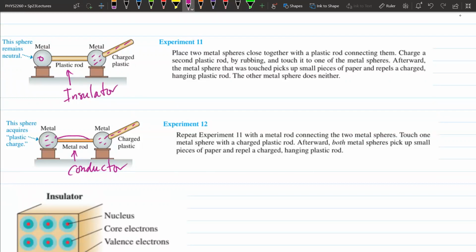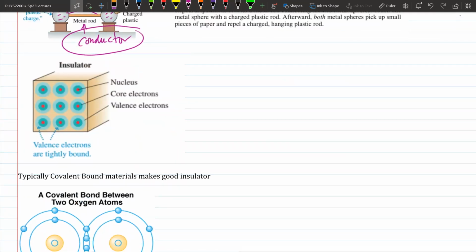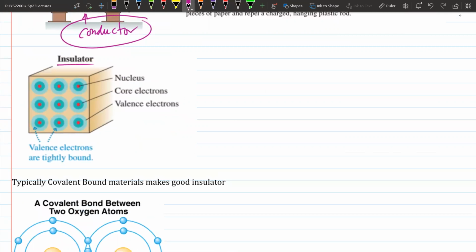That's the main point of this experiment: there are things in the universe that we can classify as conductors and things that we can classify as insulators, depending on their atomic structure. The reason is, and this is a very simplified picture, that materials are made of atoms, and atoms are made of a nucleus and electrons.